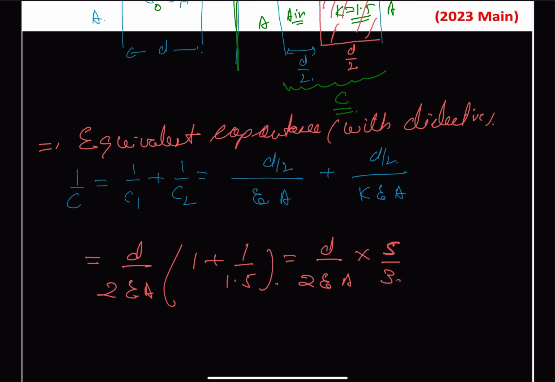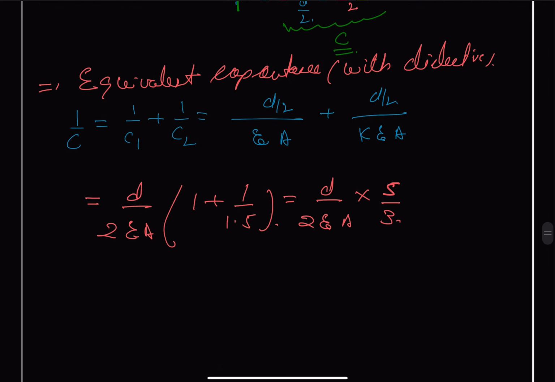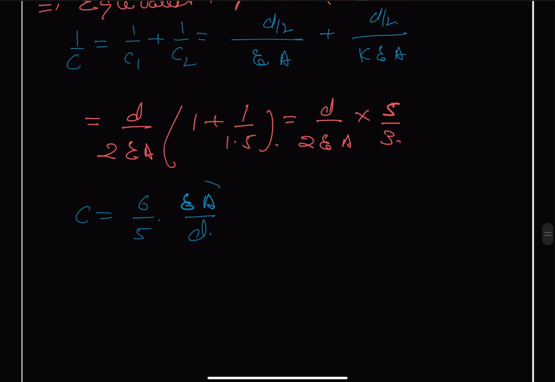And therefore we can say that C will be equal to 6 upon 5 times epsilon naught A divided by d, and this is nothing but our C naught, which is given as 5 microfarad.